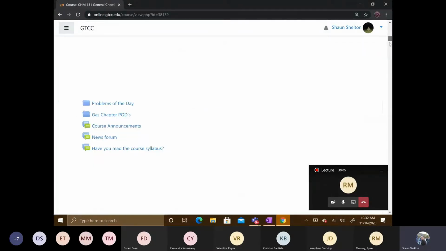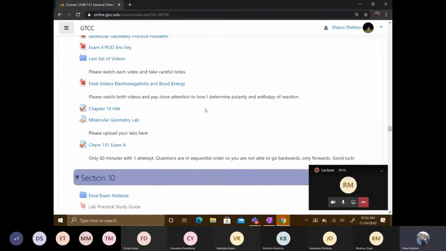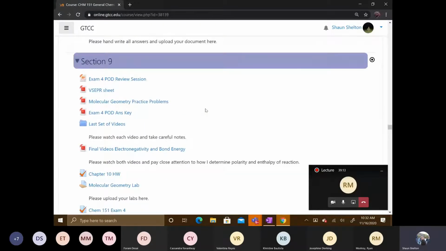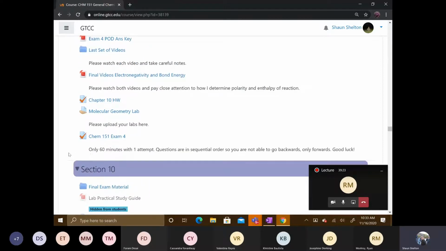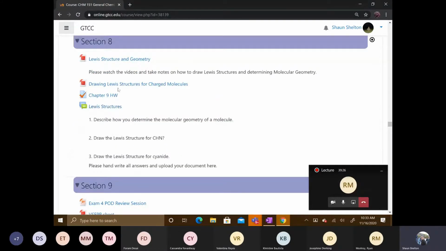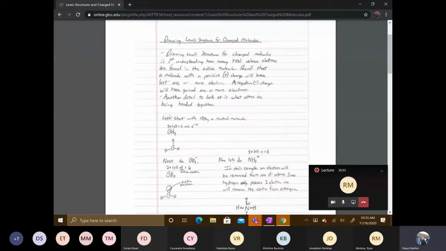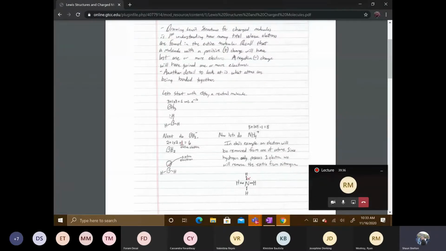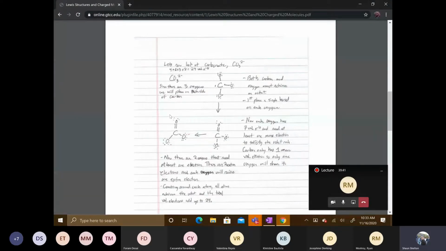If you scroll down to the section that we're in right now, you'll find the videos here, VSEPR sheets here, and okay, here it is. Drawing Lewis structures for charged molecules. I want you to go through this document here. I want you to keep track of everything that I do, because this is talking about how you draw Lewis structures for charged compounds.